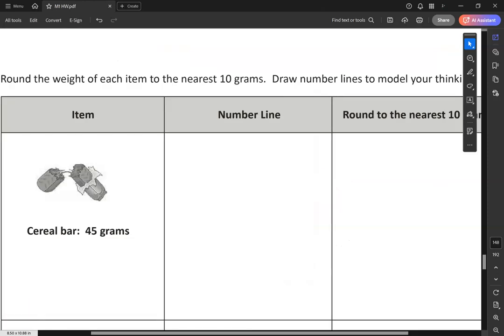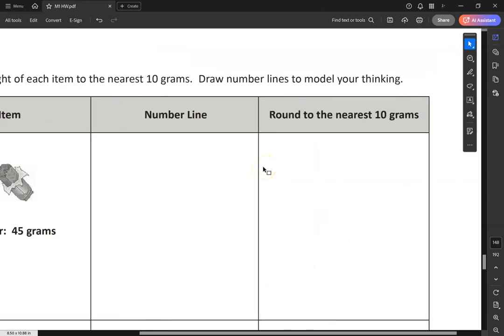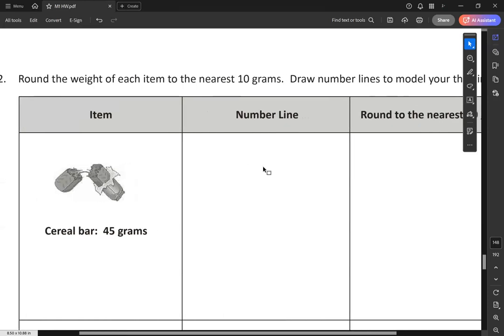Next page. Okay, next. Round the weight of each item to the nearest 10 grams. Draw number lines to model your thinking. So we're rounding to the nearest 10 grams. So tens place again. 45. So I'm going to draw my vertical number line. 45 is in between what two tens? 40 and 50.